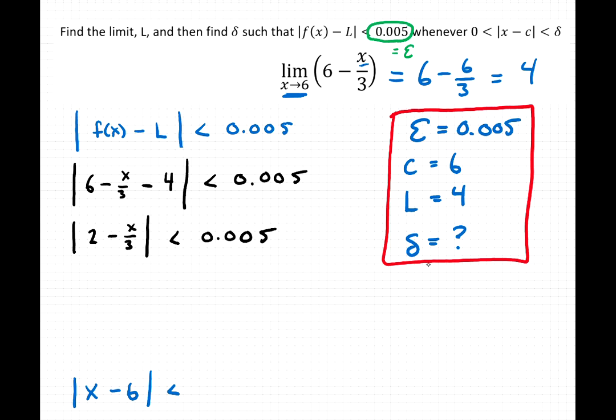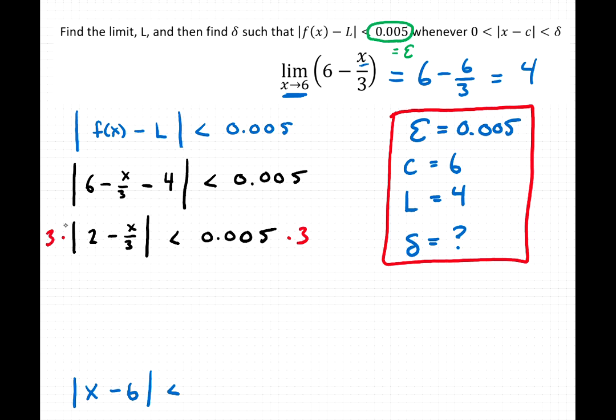Okay, so we know we want x minus c, or x minus 6, on the left-hand side. So we want an x here, not an x over 3. So let's get rid of the over 3. What we could do is multiply both sides of this equation by 3.